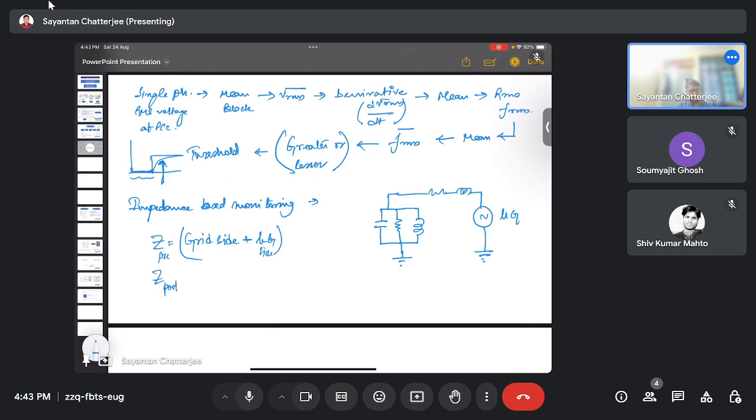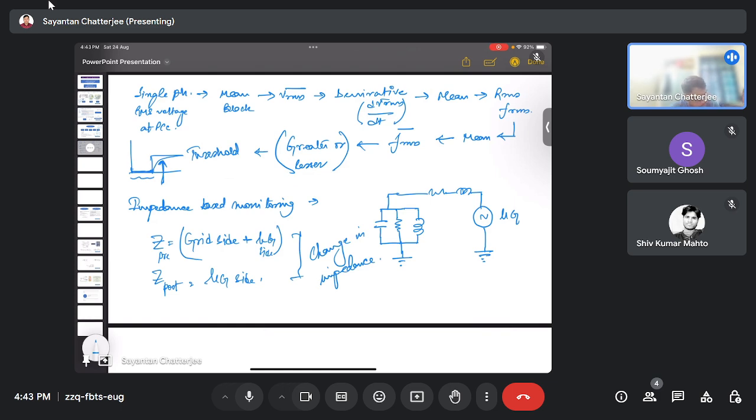But Z post would only be governed by the microgrid side impedance. So there would be a change in total impedance. Based on the change in impedance, we can detect whether the microgrid is operating in islanded mode or in grid connected mode of operation.